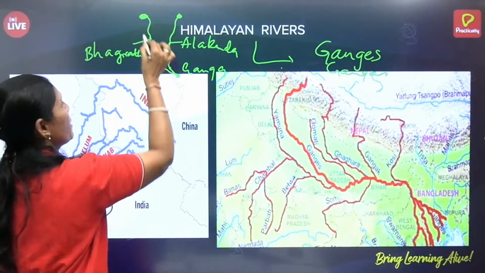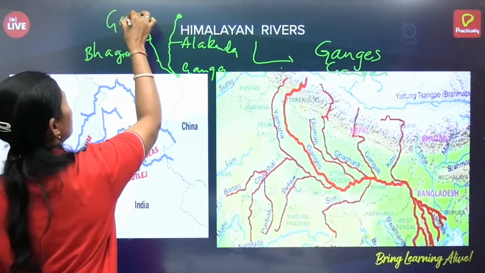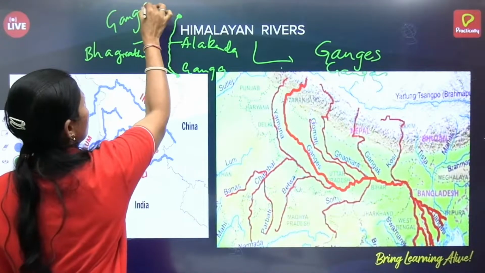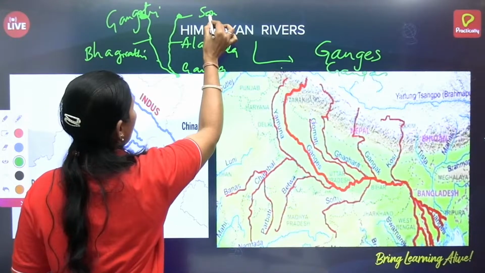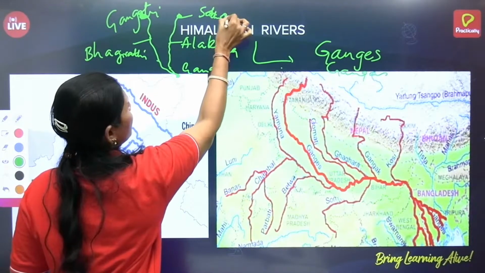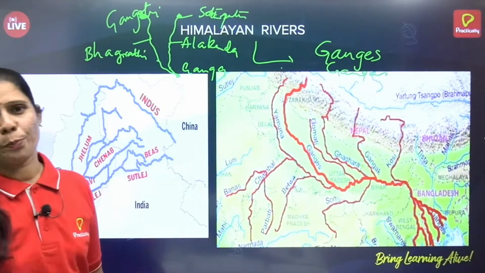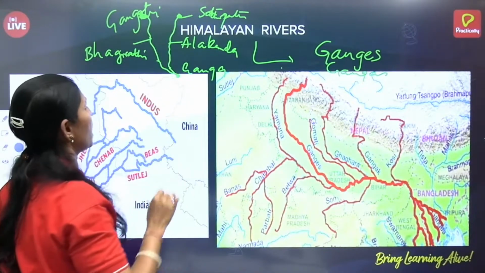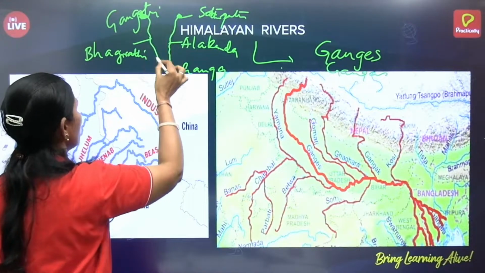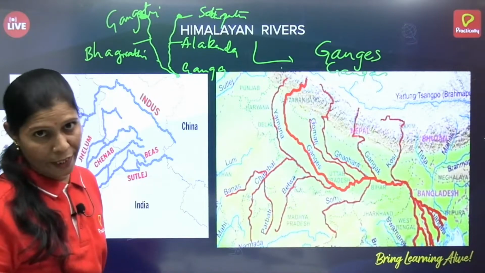The Bhagirathi originates from the Gangotri Glacier, and the Alakananda originates from the Satopath Glacier. From Satopath Glacier the Alakananda stream flows down, and from Gangotri Glacier the Bhagirathi stream flows.